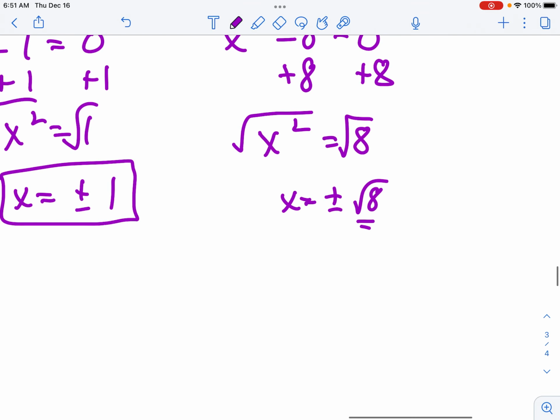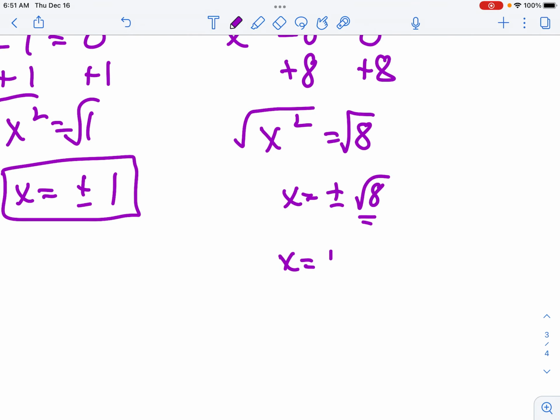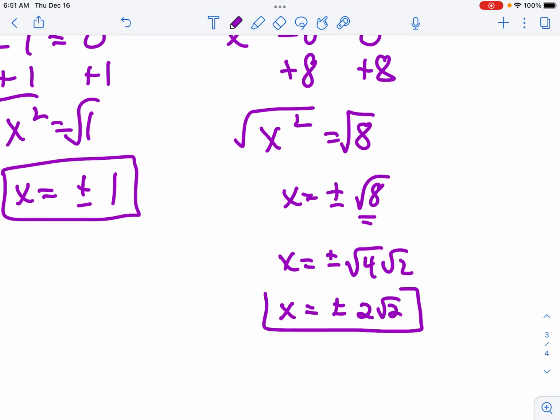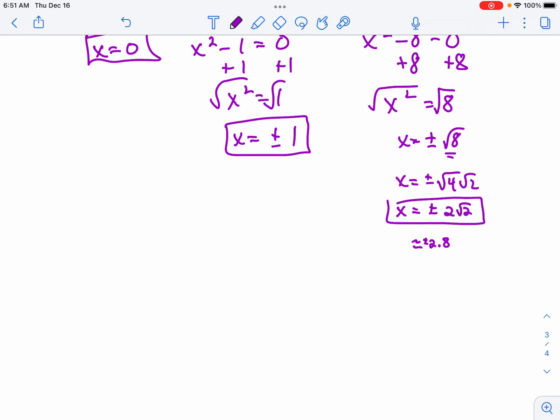We would break that down. It would be x equals plus or minus, 8 is 4 times 2. And so it'd be plus or minus 2 root 2, which is approximately 2.8. I'm not 100% confident it's 2.8, but I'm just talking about if we're graphing this, we know it's going to be just a little bit to the left of 3.